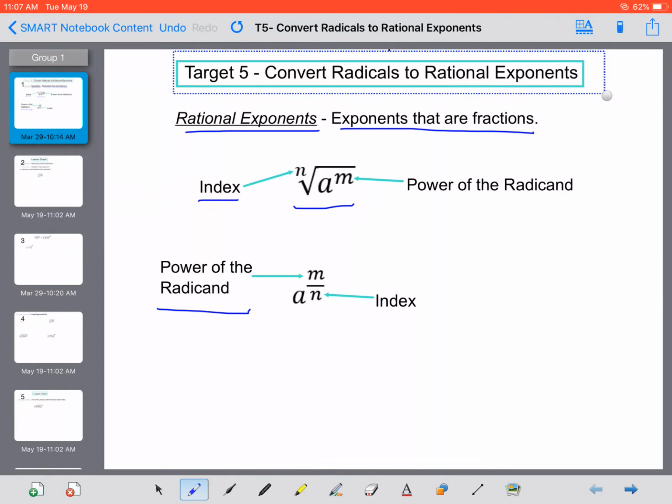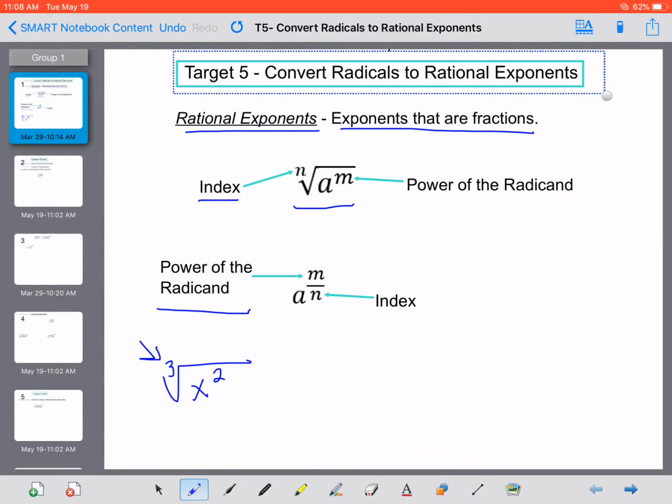Let's say you have the cube root of x squared.